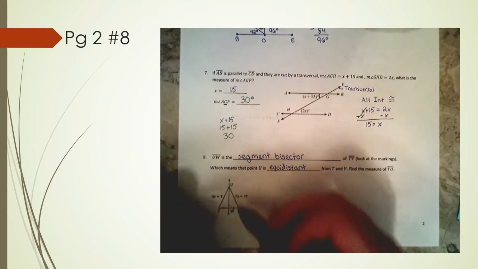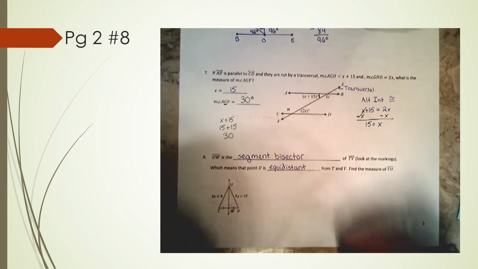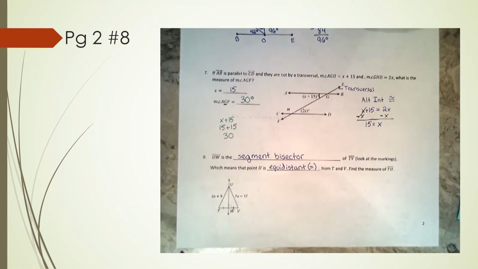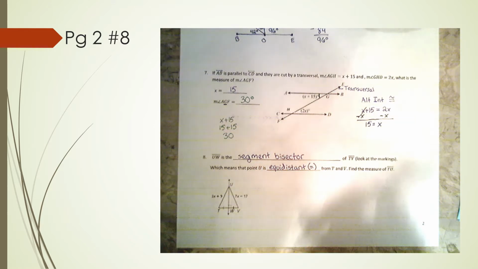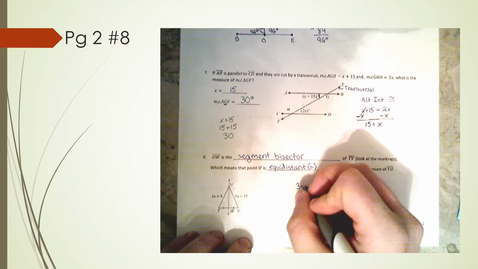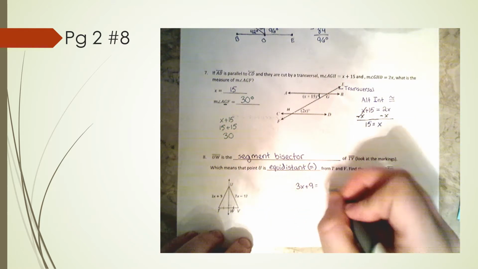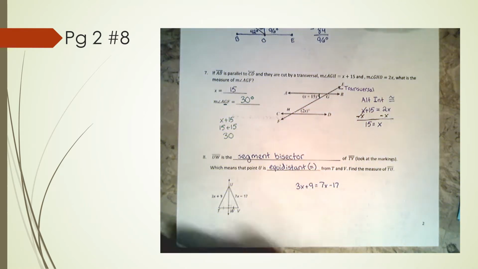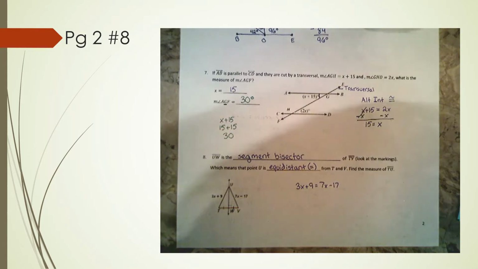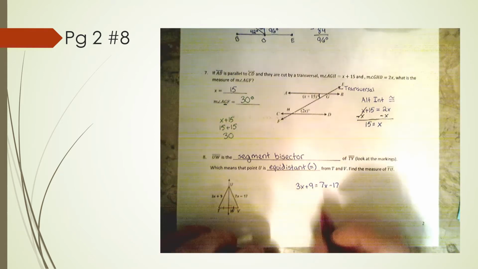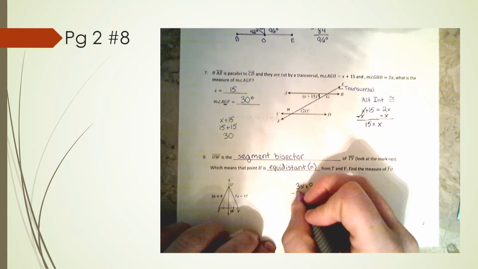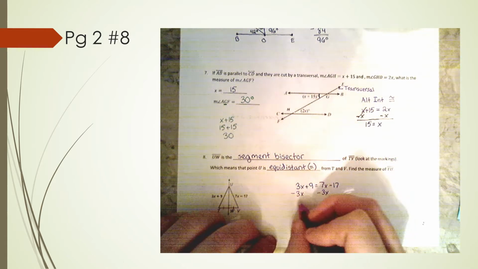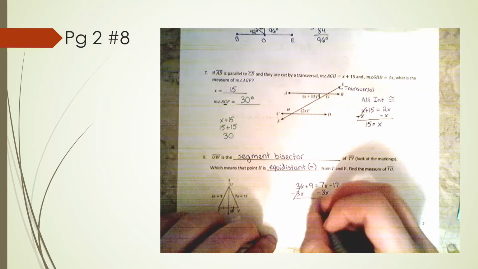So in order to do that, if I know both sides are equidistant, or that means equal, what I can do is just go ahead and set these equations equal to each other. So I'm going to do 3x plus 9 equals 7x minus 17. So first things first, I'm going to go ahead and move the 3x over. That'll cancel it out over here.